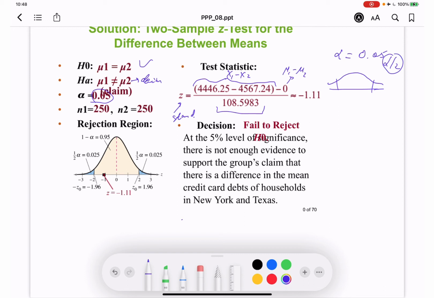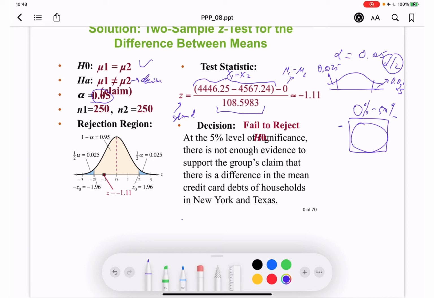Which means this area is going to be 0.025, and this area is also going to be 0.025, right? So we are going to use the z-score table again, and obviously the negative z-score table, because in the negative z-score table the probability is between 0% to 50%.